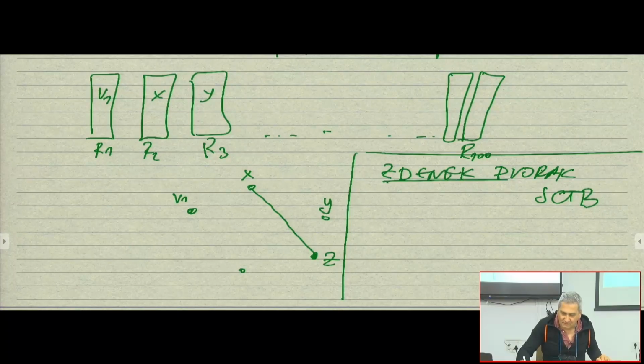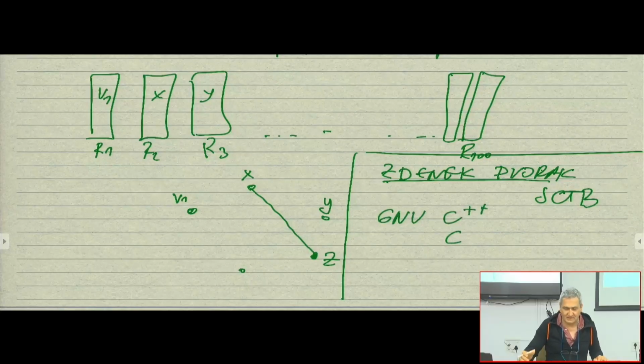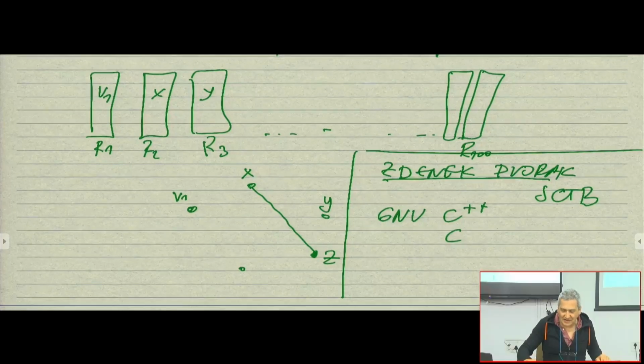So when Zdenek Dvorak was a student, he was working on optimizing the compiler GNU C++, I think, or maybe just GNU C, I don't know. They are very similar. So he was working in optimization. I don't know if he applied coloring directly. So next time I meet him, I will ask him. I meet him once in a couple of years at some conference, and next time I meet him, I will ask him.